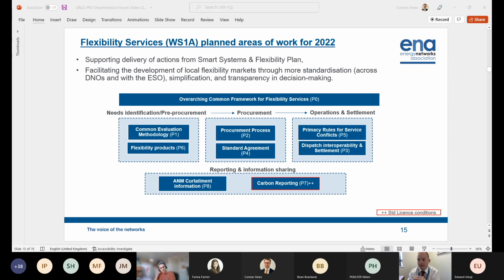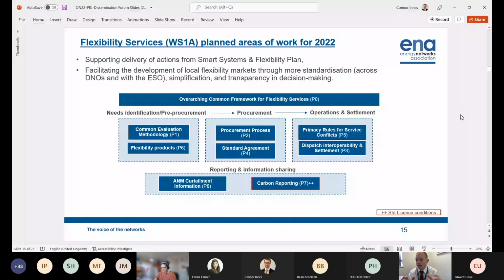undertaken, a cost benefit analysis, and this output of the common evaluation methodology tool can provide transparency on how long a particular constraint on the network might be able to be deferred through flexibility, looking at what the price points for flexibility services might be within those particular areas, and really build an understanding about the longevity of flexibility and where the value of flexibility needs to be reflected in the market.